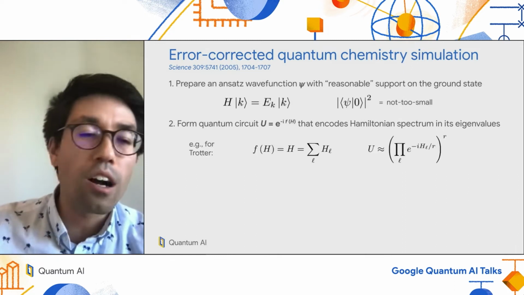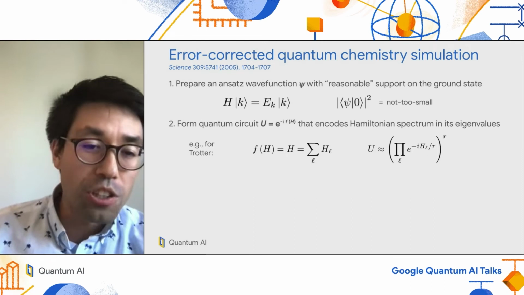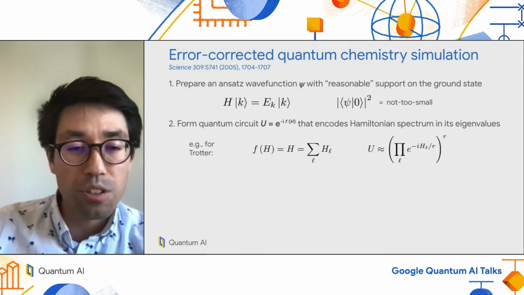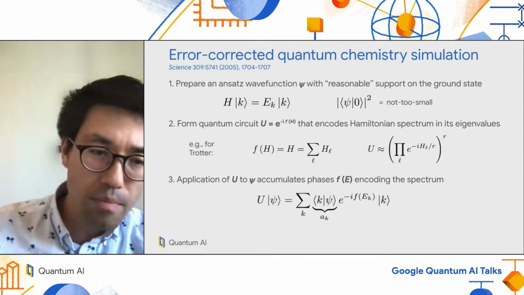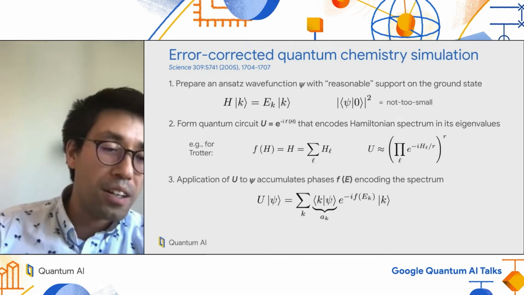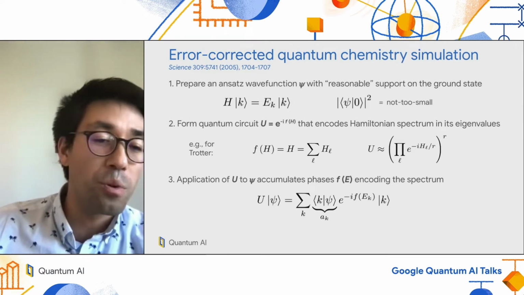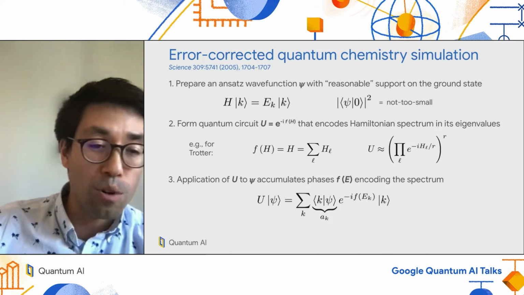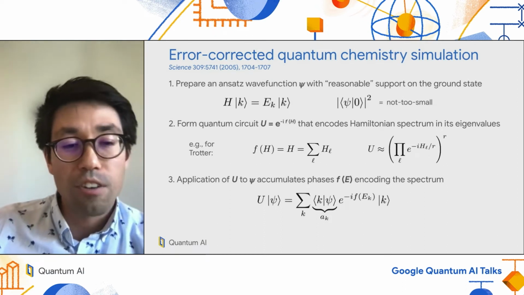For example, we could take that function to be the identity function, and therefore the unitary generated by this Hamiltonian could be synthesized approximately through trotterization. Now, if we apply our U to the approximate state expanded in the eigenbasis, we can see that we accumulate a phase proportional to that eigenvalue, or spectral information, of our Hamiltonian.